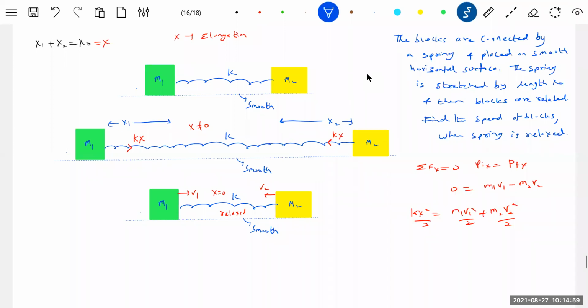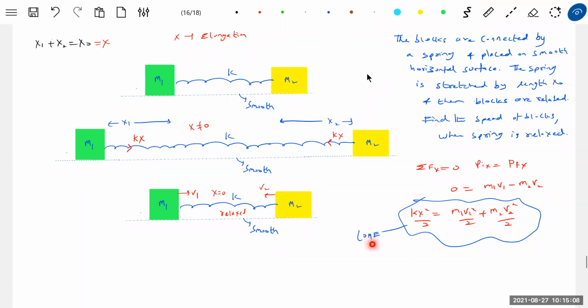What I am writing is conservation of mechanical energy. In the previous problem you didn't apply it, now you are applying it. Because the spring force is a conservative force. If any kinetic friction acts, you cannot apply this. But if the friction acting on both the blocks is kinetic and equal, you can apply this, no problem, but you cannot apply the other one.